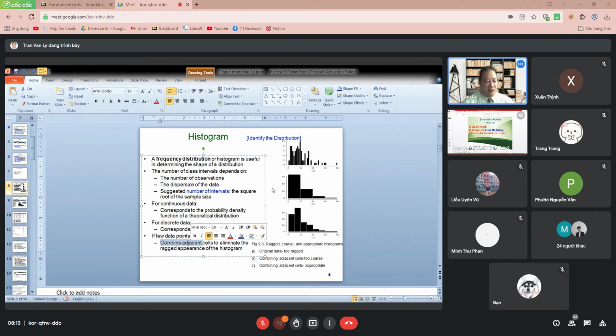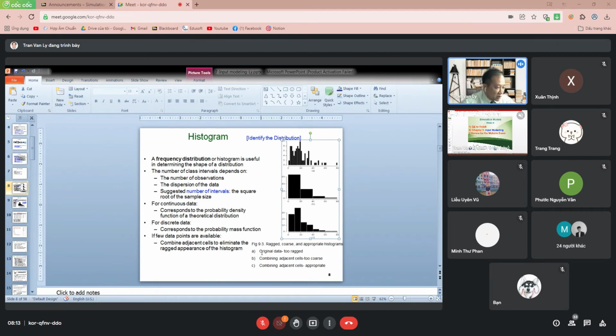In the first figure, the upper one has a lot of raggedness. If you combine adjacent cells, it looks much smoother.